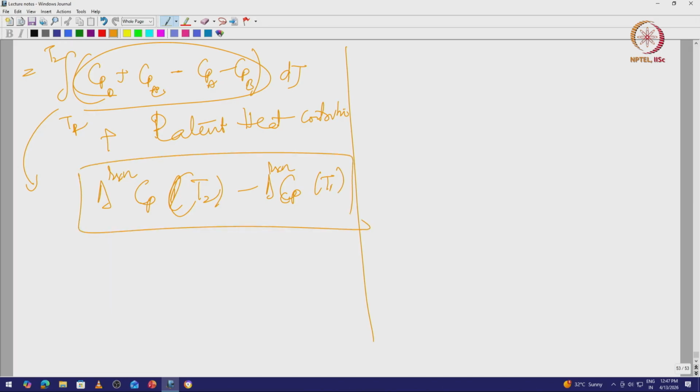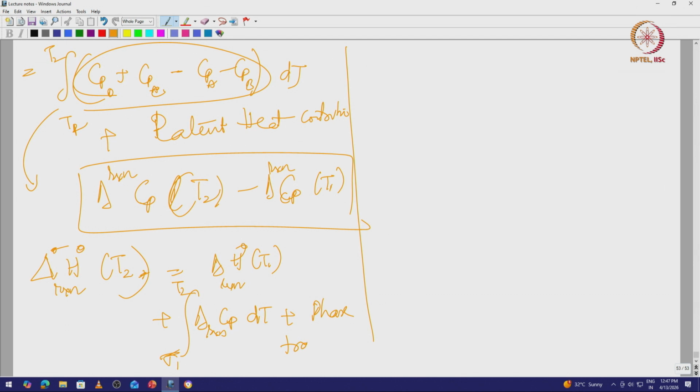Effectively, I can write a very terse equation: delta H at T2 and 1 atmosphere is equal to delta H naught of the reaction at T1 plus delta Cp of the reaction integrated from T1 to T2 dt, plus any sort of phase transition latent heat contributions. So, this is what I can derive for delta H naught.